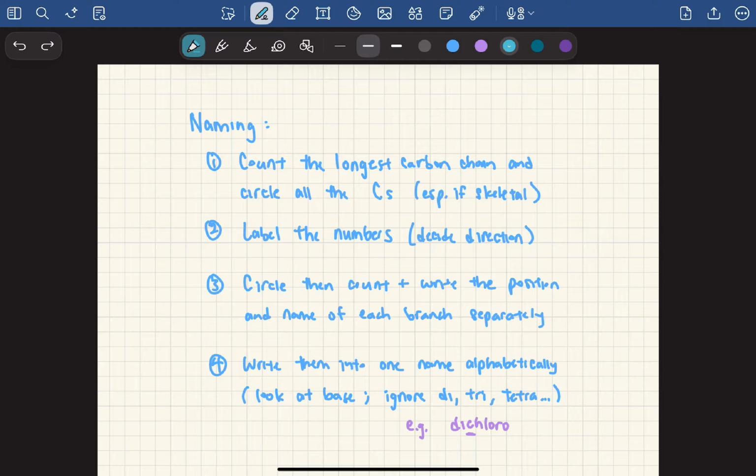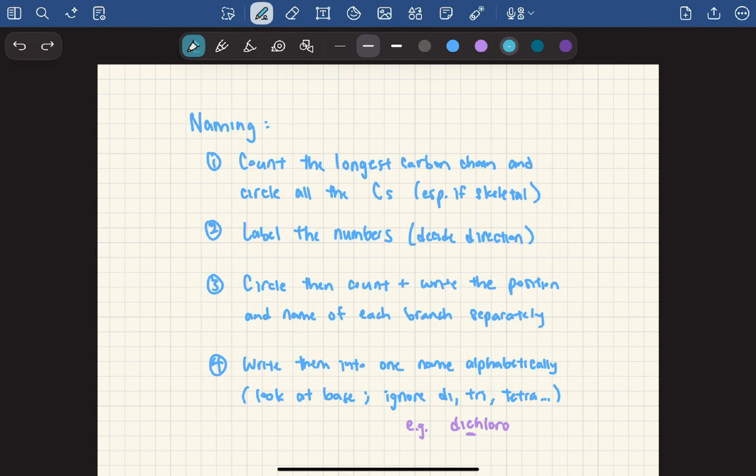And so count all the carbons, find the longest carbon chain, and circle all of these carbons, especially if it's a skeletal structure. It'll make it a lot clearer. And find the correct prefix for your carbon chain. So if there's 5, then find pent, and if you see any double or triple bonds, then change it to pentene or pentyne, otherwise it'll just be pentane, right?